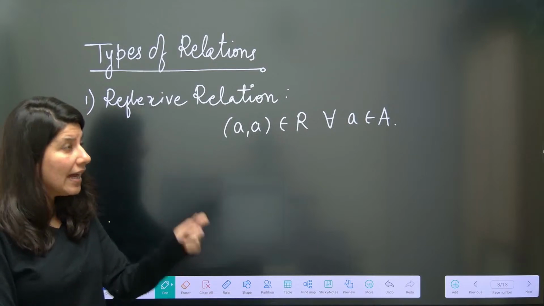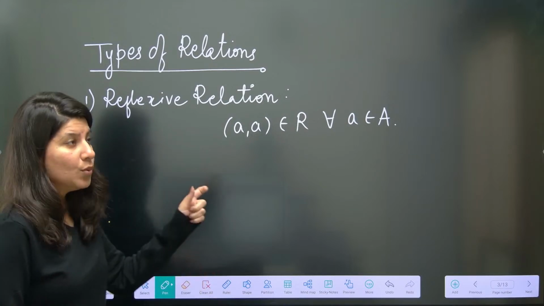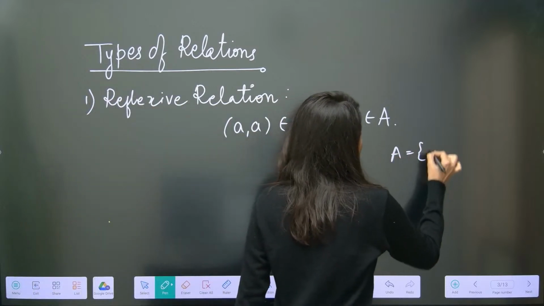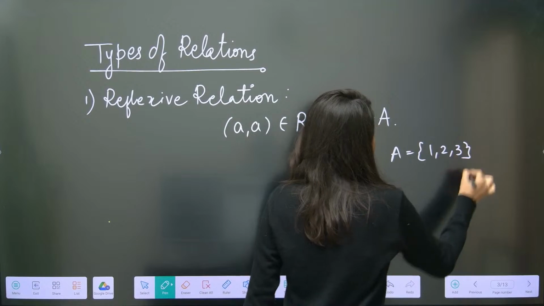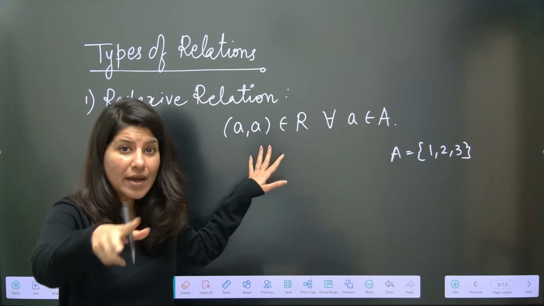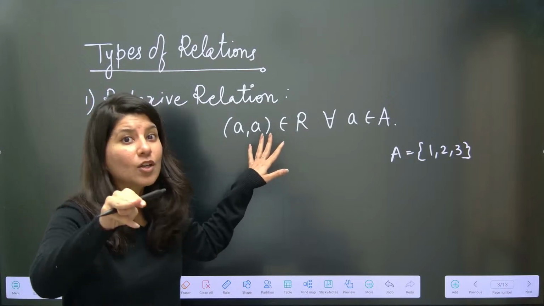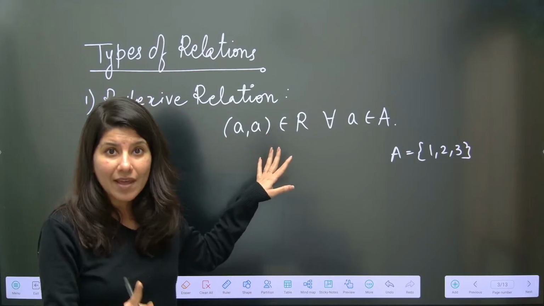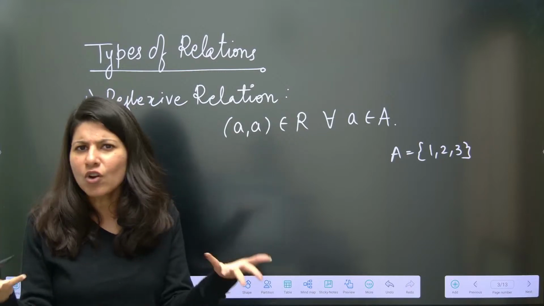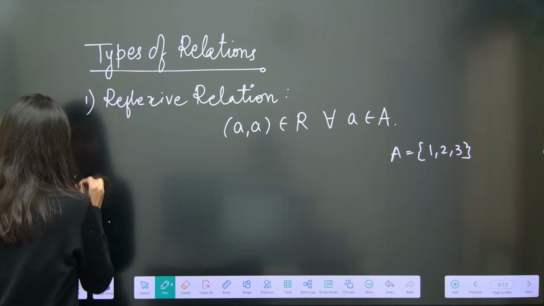Suppose set A is given as {1, 2, 3}. Now your relation R should have all 3 ordered pairs (1, 1), (2, 2) and (3, 3). If that is happening, then we will call it reflexive. Otherwise, we will not call it a reflexive relation. I hope this is fine.